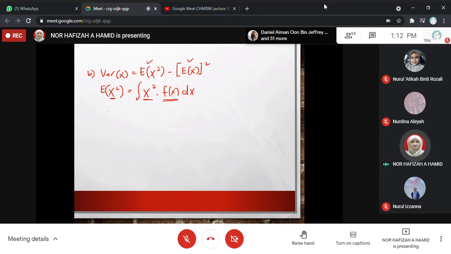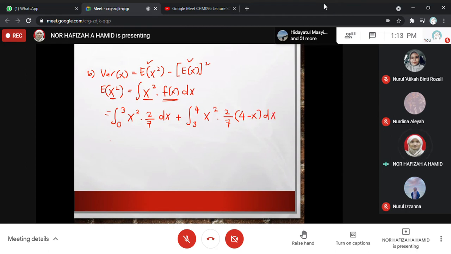Equal to, first you substitute the limit from 0 until 3 and x square times with the fx, where the first function is 2 over 7. And plus with the second function, limit 3 until 4 and x square times with the fx, so fx is 2 over 7 times 4 minus x.